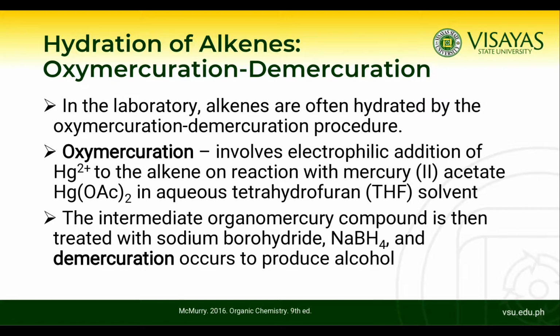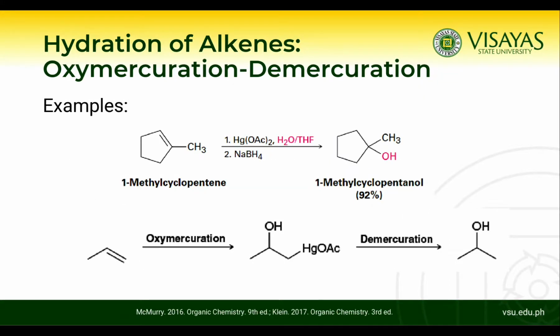Now, same with acid-catalyzed hydration, this also follows Markovnikov addition. So that means to say the OH will bond to the more substituted carbon. So, in between these carbons, for example, this one here is more substituted. So, that is why our OH will bond here.